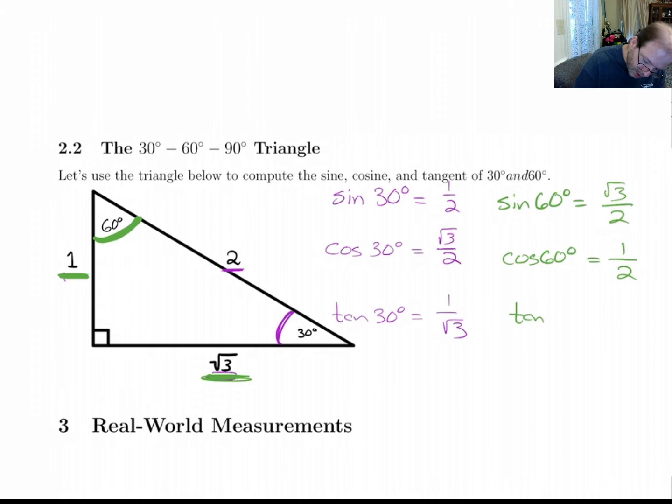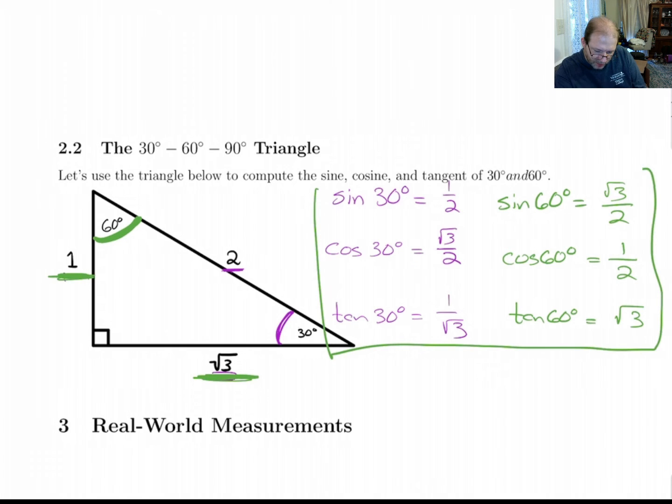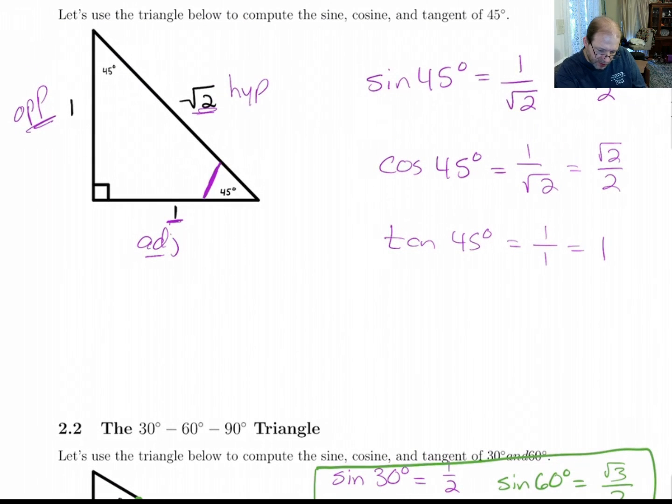And for the tangent of 60, that's going to be opposite over adjacent. So that's root 3 over 1, or just root 3. So again, that's three values you should memorize. We're going to come back and talk about these special angles again, but definitely these are things you should know.